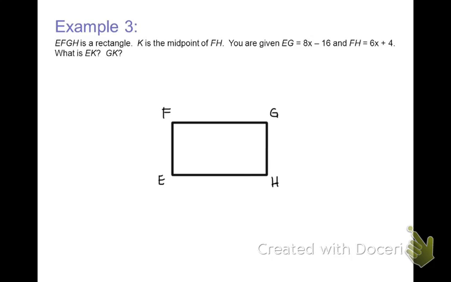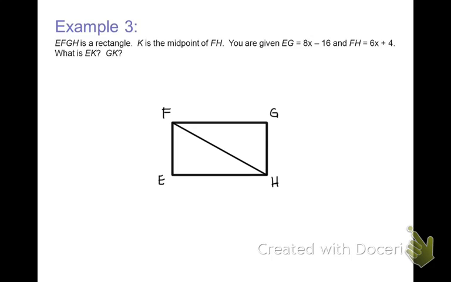It says that K is the midpoint of FH. So should I draw FH? Yeah. So K is the midpoint of FH, and I actually meant to change some of these. So let me do that really quickly. I'm going to modify a little bit of this.